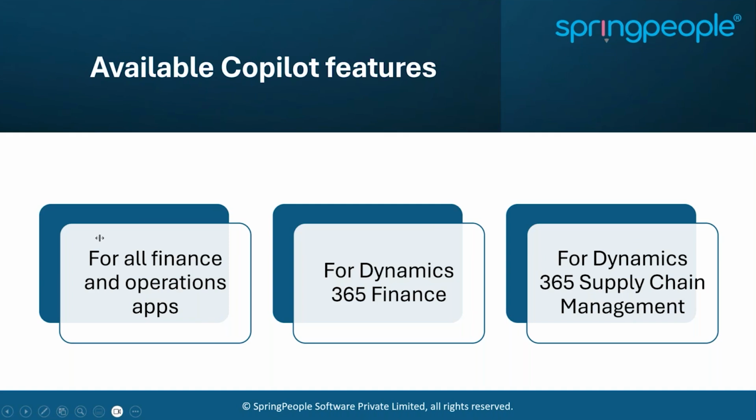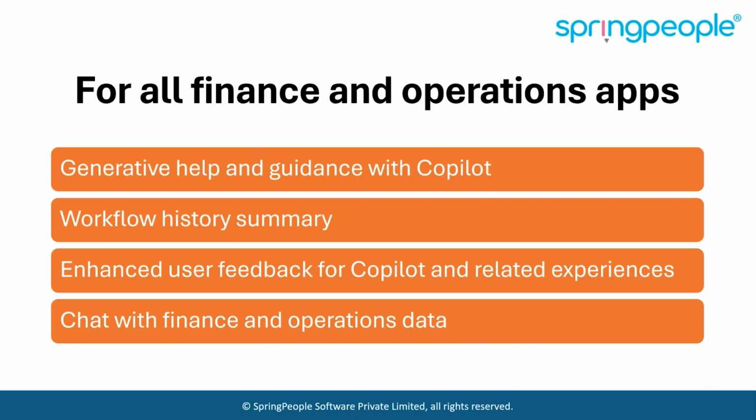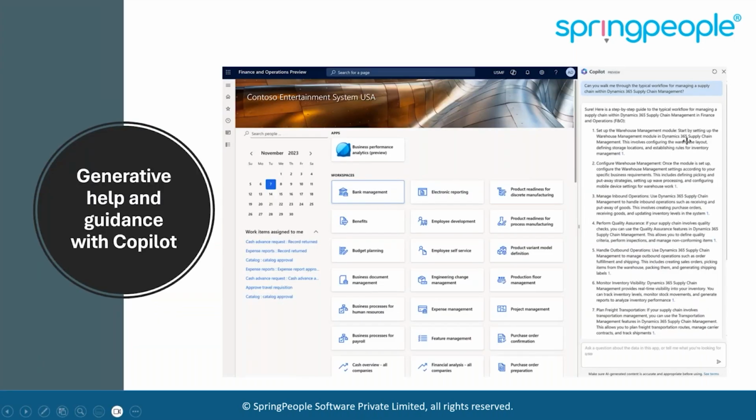How does it look? For all finance and operations apps, you have different features that are available for them, depending on what features are currently available for this particular overall operations. If we talk about generative help and guidance with Copilot, it's on your right-hand side.